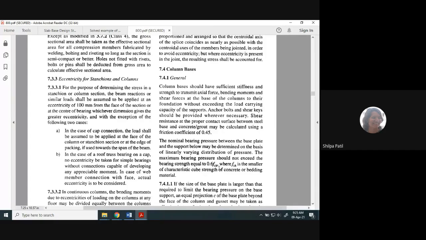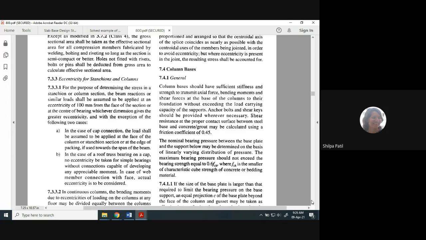So it is giving us the bearing strength of the concrete as 0.6 FCK, which is a typo, and it should be 0.446 FCK. You already know how we obtain that 0.446 value, you have already derived it last semester. So this is the correction in IS 800, that this value should be 0.446 FCK instead of 0.6 FCK.